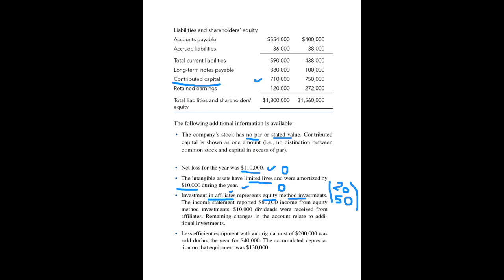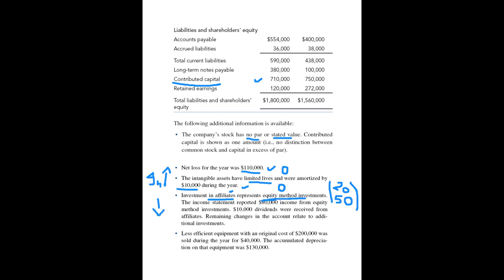It means that whenever affiliates provide income to the main company, or to the investor, the investor increases its investment account. So income increases the investment account of Ellen, and whenever the affiliates provide a dividend, then the investment account decreases, equity investment decreases. This is known as the equity method.